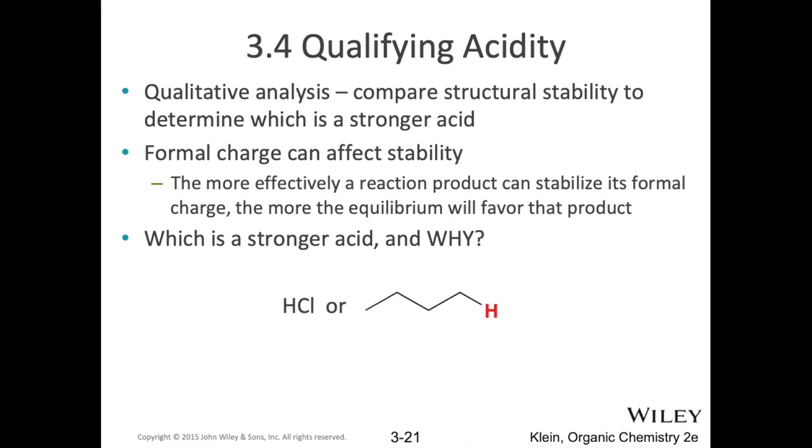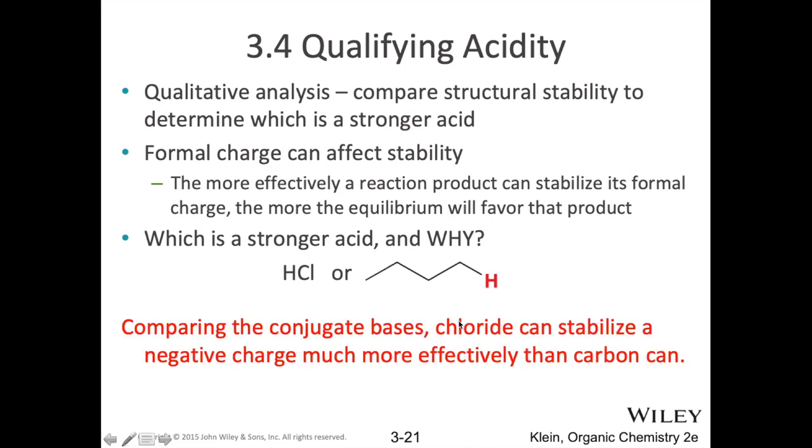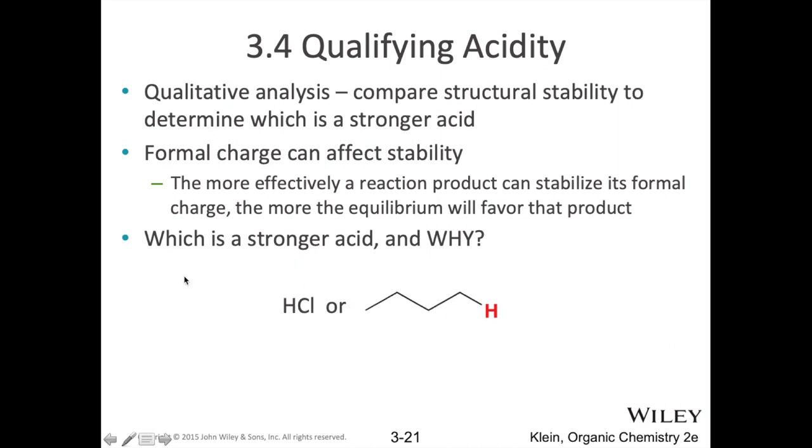So let's look at an example here. Here we have hydrochloric acid, and here we have an alkane. Okay, basically, if we lose an H plus from each of these, what is your resulting conjugate base going to look like? All right, so hydrochloric acid, when it loses H plus, will form Cl minus. Our alkane over here, when it breaks this carbon-hydrogen bond, the carbon over there is going to turn into a carbanion.